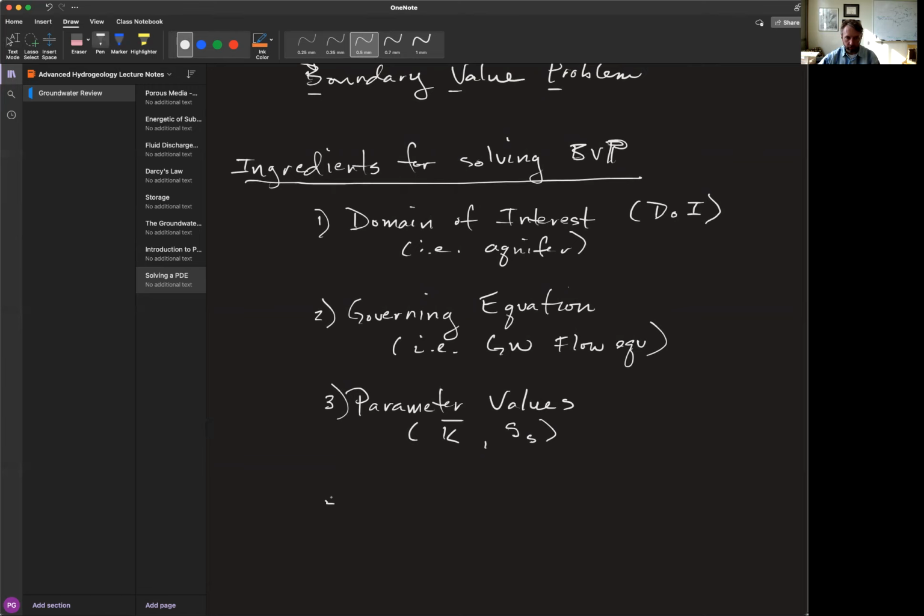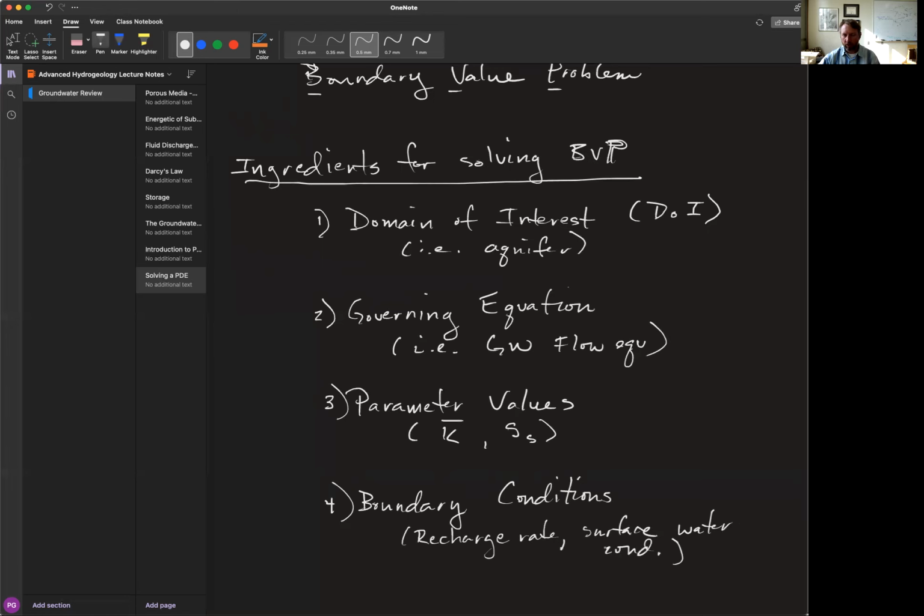We need boundary conditions. And again, another source of uncertainty in groundwater. Boundary conditions are unknown, but things that are boundary conditions might be things like the recharge rate to the aquifer, or surface water conditions that set head at the boundaries.